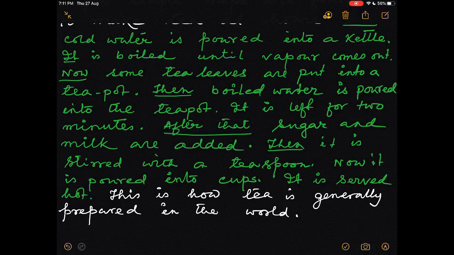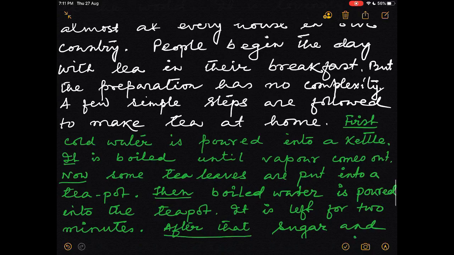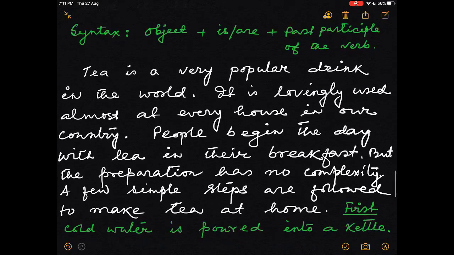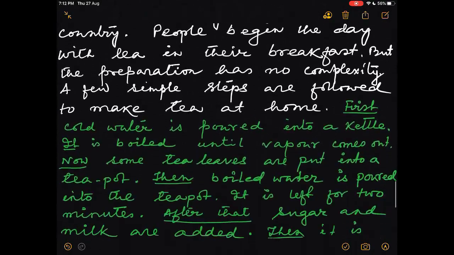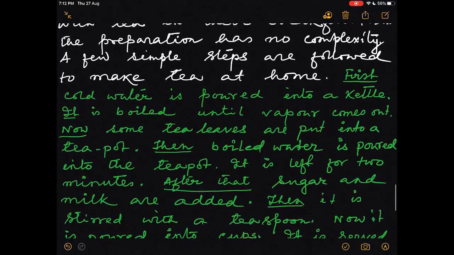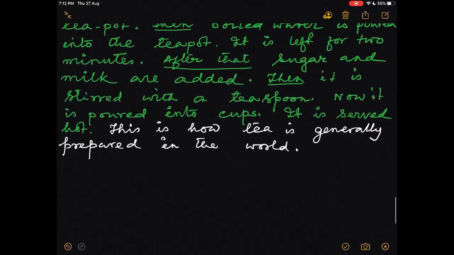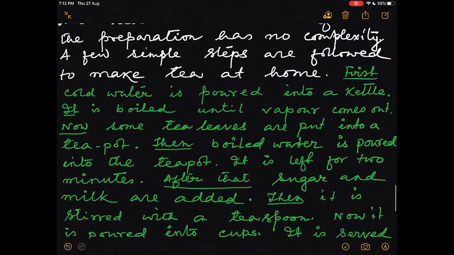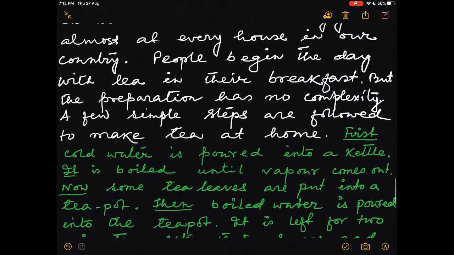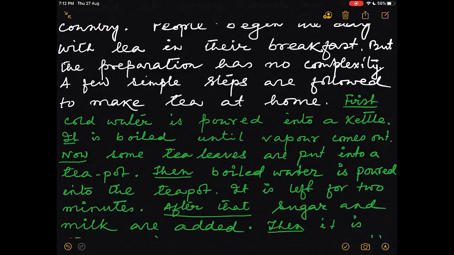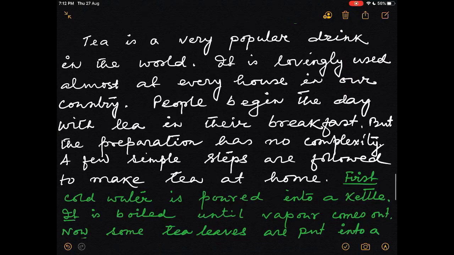Okay, up to this. So now let's see what we have got. This white ink is the introduction and the conclusion. Okay, and the green ink is the development of the points into the sentences. Now see what we have got.